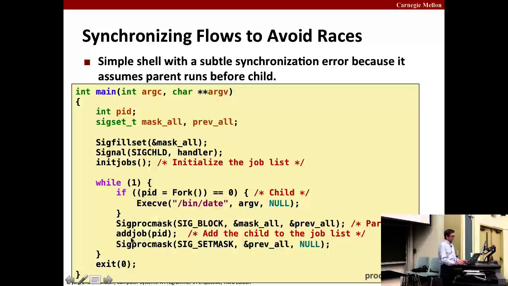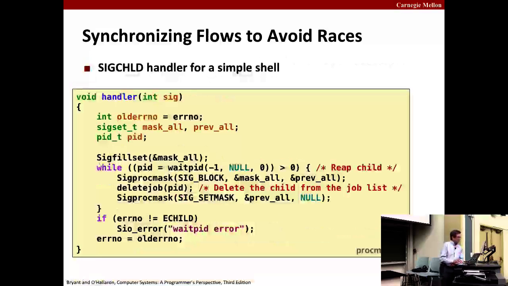This is correct in that it's protecting access to the shared job queue, because that job queue is also manipulated by the SIGCHLD handler. When a child terminates and the parent receives the SIGCHLD, this handler reaps all of the potentially terminated children, and for each one, it deletes that job from the job queue.